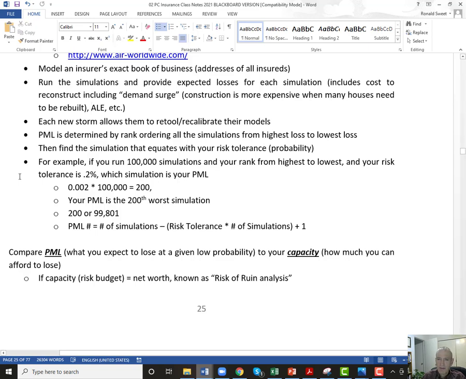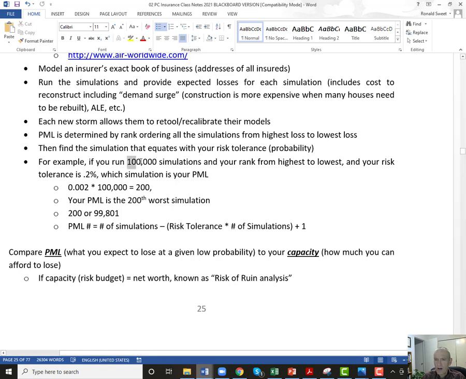We're going to see how PML is actually calculated. We'll do the calculation here. So it's really just rank order them and find the one that equates to your particular risk tolerance. All right, let's try one. We're going to do an actual example problem, but just to let you know, when you rank order all of those simulations, which one equates to your PML?